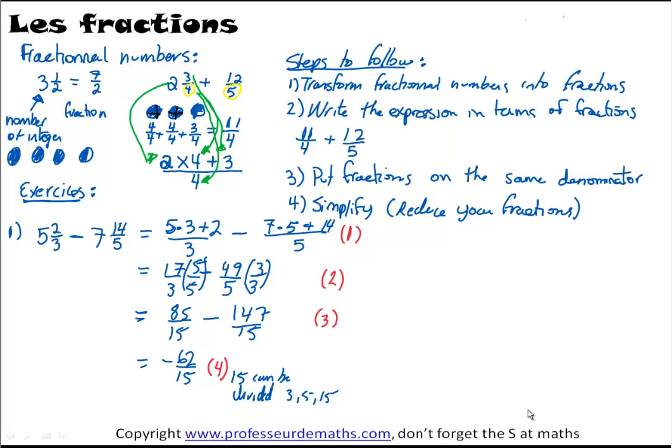And 62 can be divided by many numbers, but it cannot be divided by 3, and it cannot be divided by 5, and it cannot be divided by 15, and that's the only thing we need to know, because if they do not share any common divisor, then this fraction cannot be reduced.